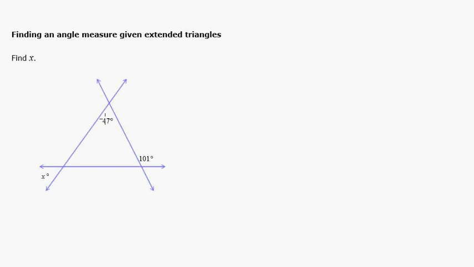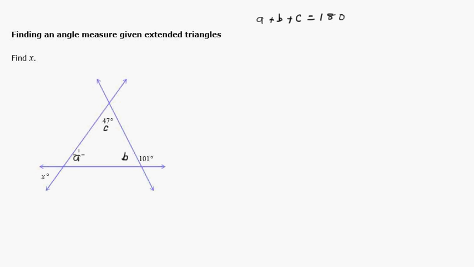The first one, hopefully you know, is that the sum of all the angles, so if we call these A and B and C, then A plus B plus C equals 180.